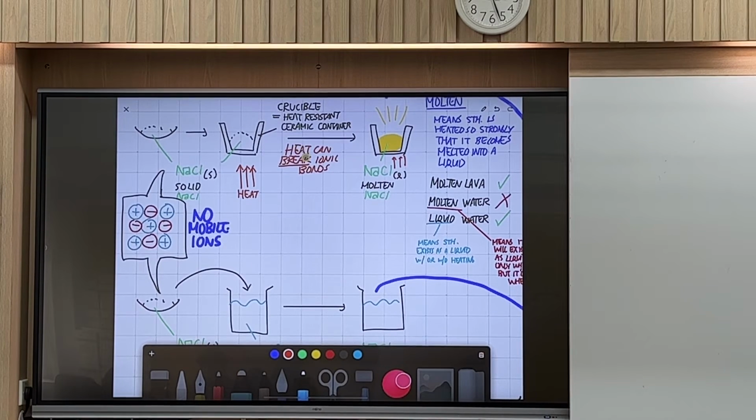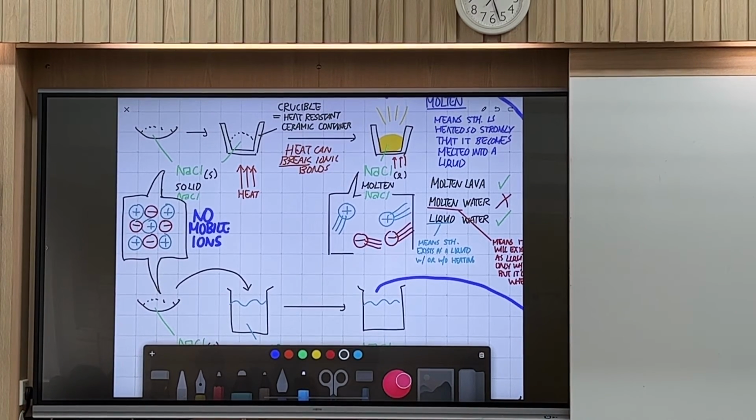But if you can break those chains, they can now walk around. So the ions are now able to freely move around. So this is why in the molten state, you see the positive and the negative ions, they are free from their chains. They can now move around. So there are now mobile ions in both of these conditions.